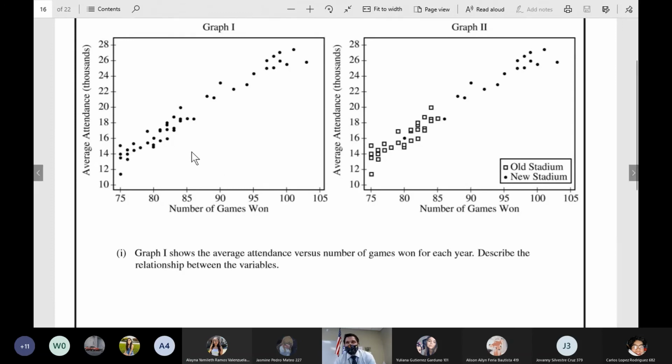And so we have a strong, right? These are all very well clustered here in a very obvious pattern, strong linear relationship that is positive. We have a positive association between number of games won and average attendance. That's it. That's all we have to explain there.